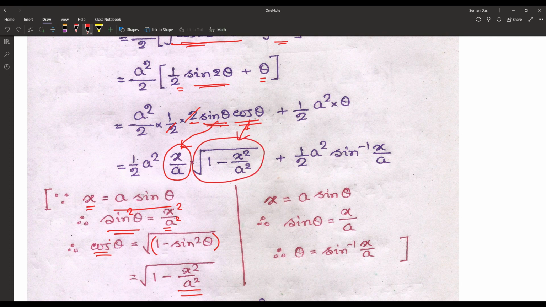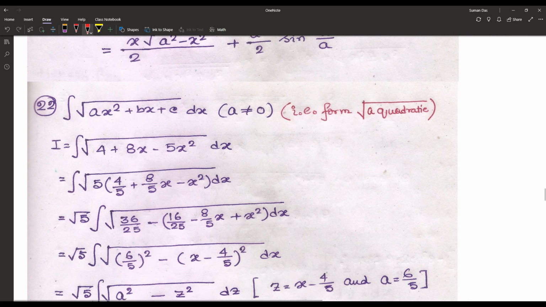Already a square by 2 was there, so we write it here, now that is half into a square. Now for theta, already we know x is equal to a sine theta, so sine theta is equal to x by a, so theta is equal to sine inverse x by a, and that is how the formula has been derived.